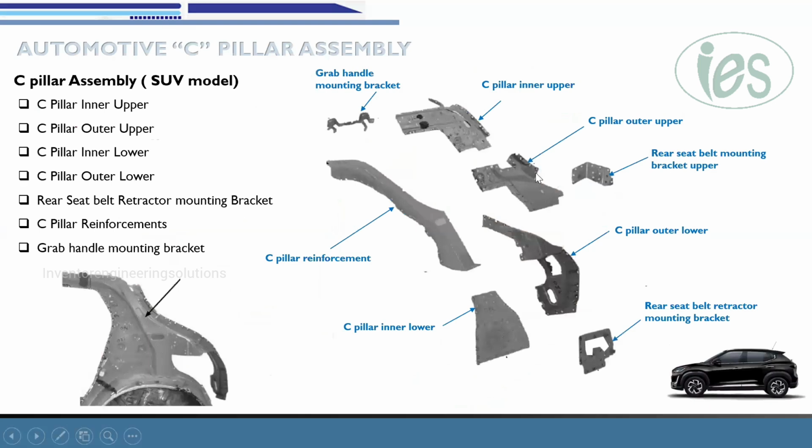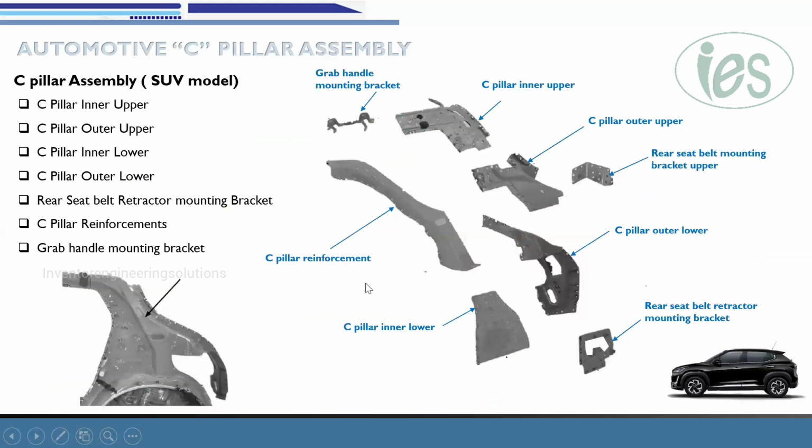This panel is the roof side outer. This is the C pillar reinforcement, in order to ensure the load path is smooth.